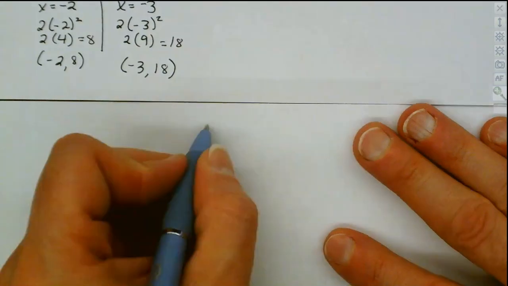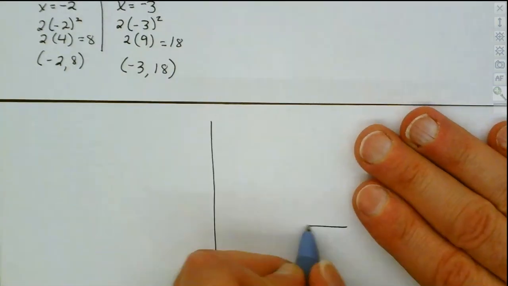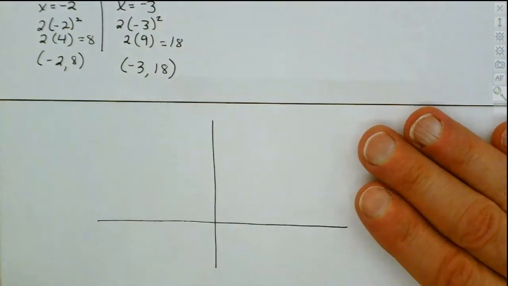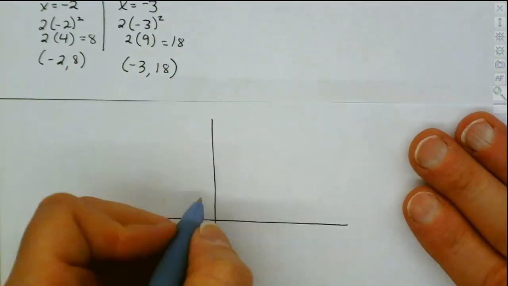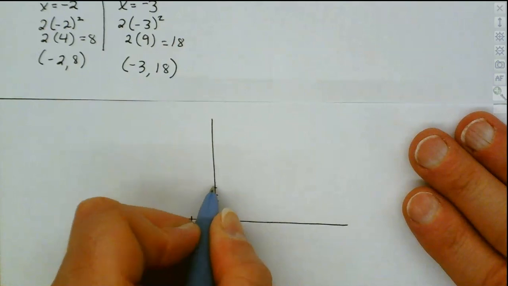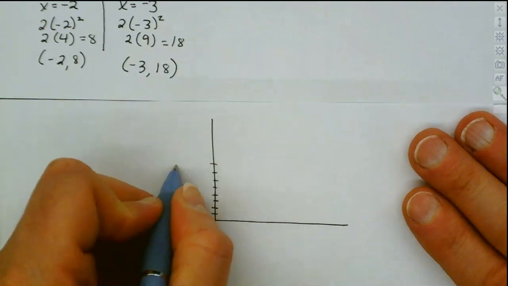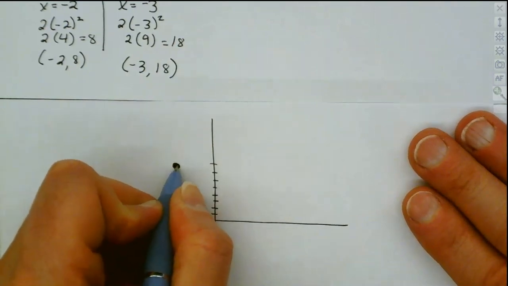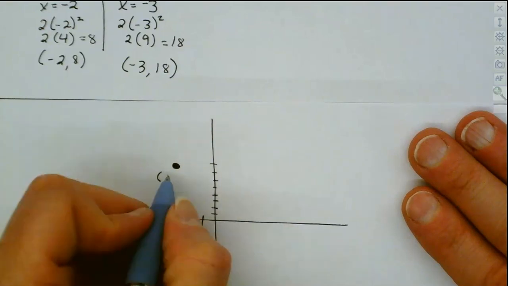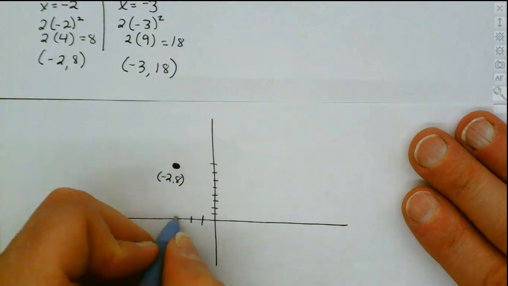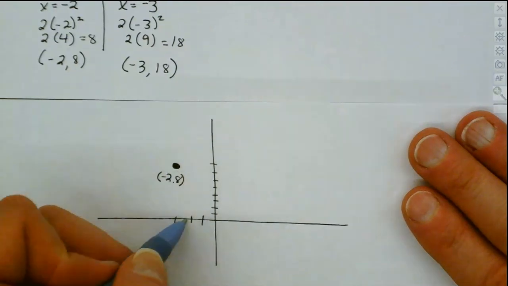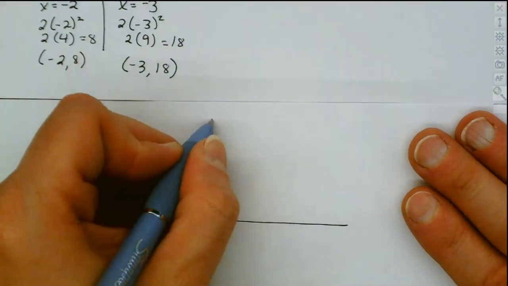Here's my graph here. We're looking at row number 1. So plot your 2 points. We've got negative 2, positive 8. Right about here. And it gets a closed circle. Then we have a negative 3, which is back one more. And that's going to be up 18.